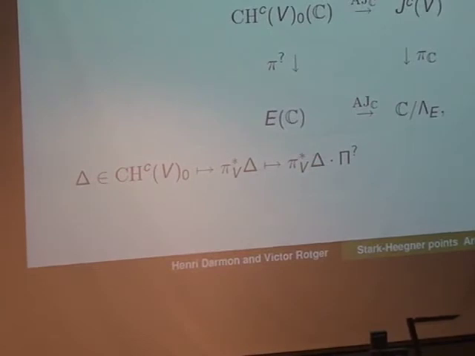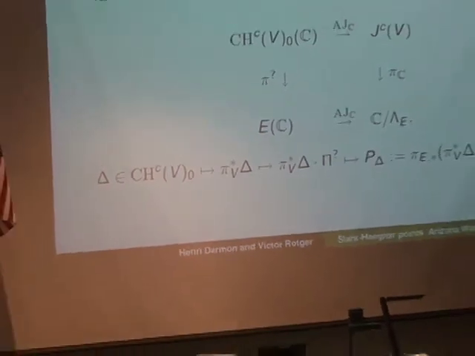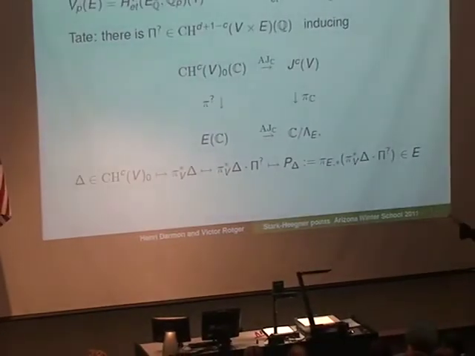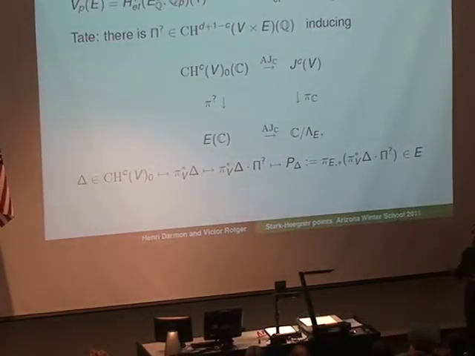These are cycles on V cross E. When you intersect them, you get a cycle of larger codimension, namely the sum of the two codimensions. And when you project this cycle down to E, what you get is a point. Great. And the map on the right can be explicitly described via the Abel-Jacobi maps.